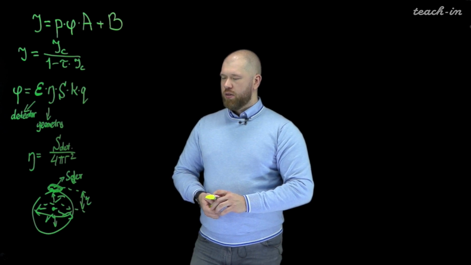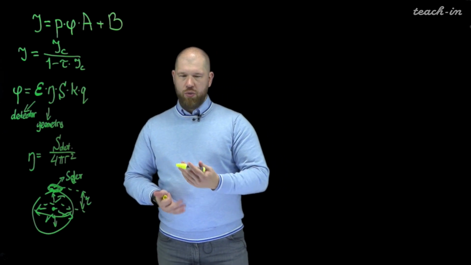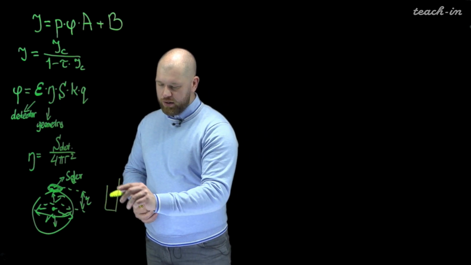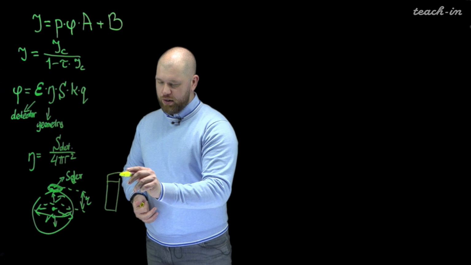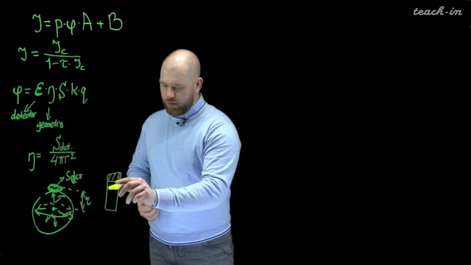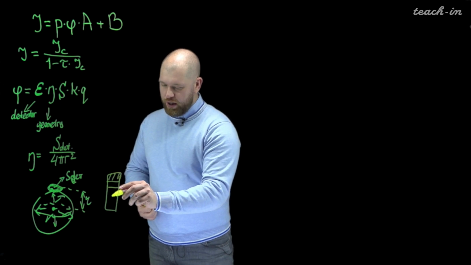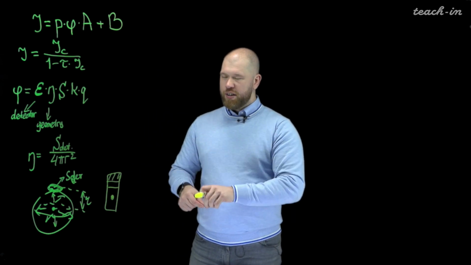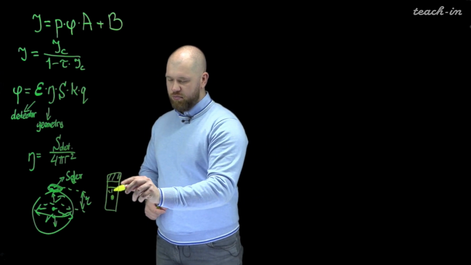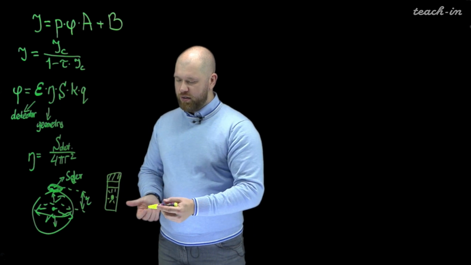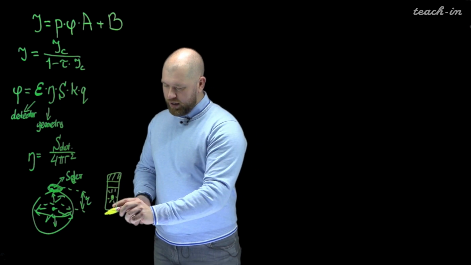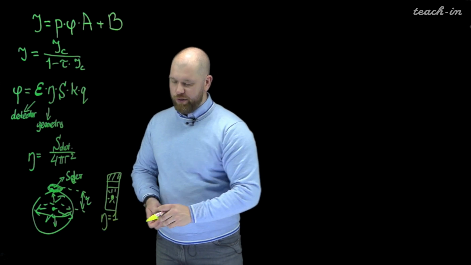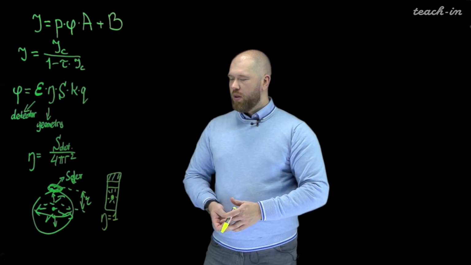In some cases, for example, when we use liquid scintillating detectors, so it is our cocktail, and we put the radioactive source inside the detector, that means that in this case the geometry parameter is equal to 1.